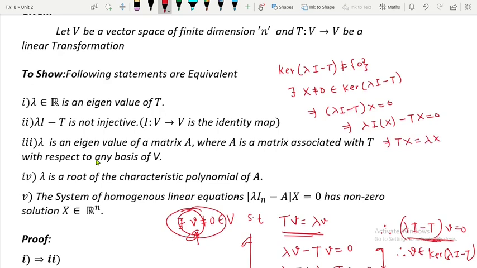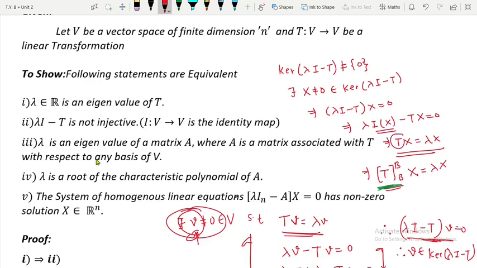Is that okay? Because I is the identity map, so Ix is going to be x again, and since this is happening where T is a linear transformation, this is also going to hold for the matrix representation of T, and I am going to use this notation for that. This is the matrix representation of T with respect to any basis of V. So this matrix is also going to satisfy this one.